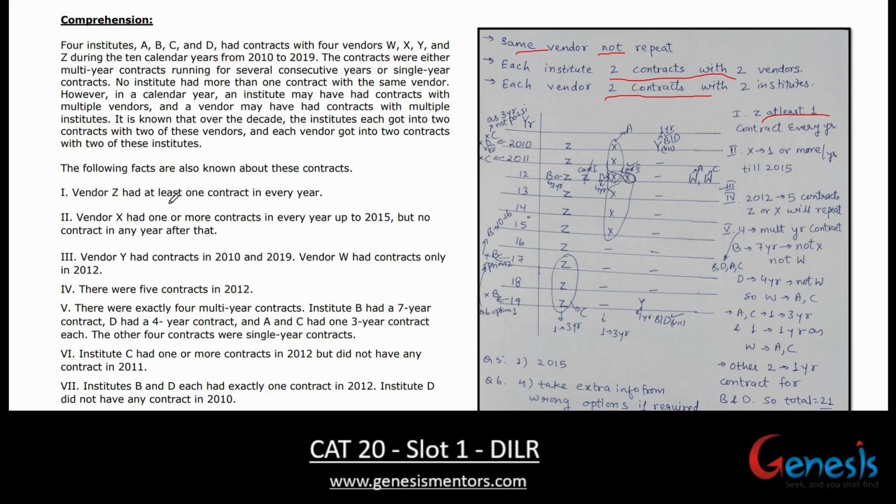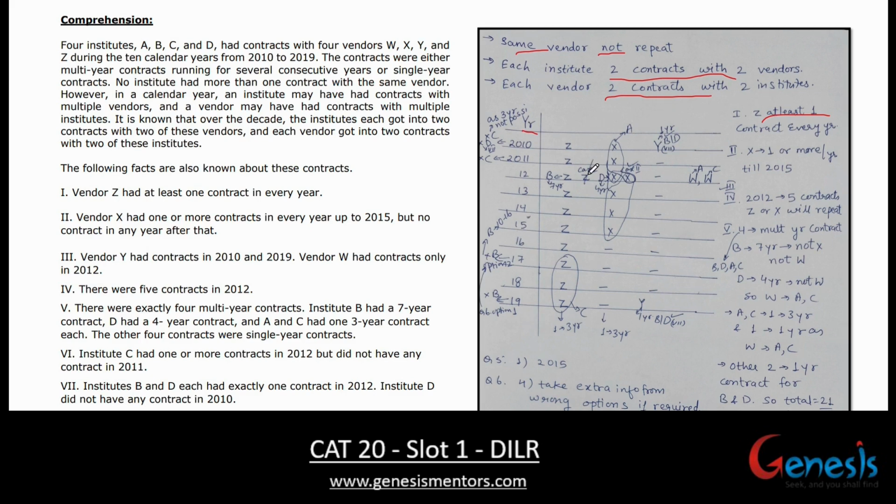We will make a table where one column is the year, and then we will mention the vendors, and with vendors we will also mention the institutes, because most of the data is given for vendors. So we represent years and vendors first, from 2010 to 2019.